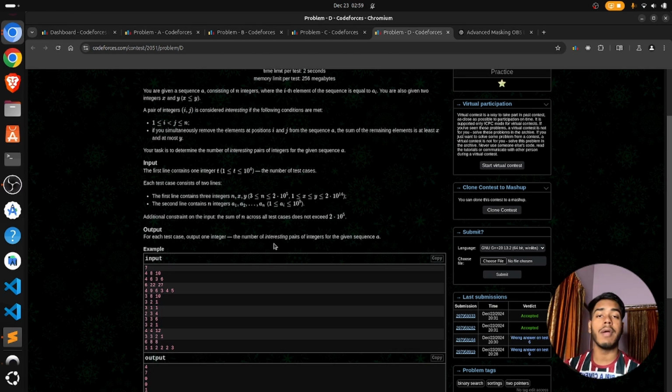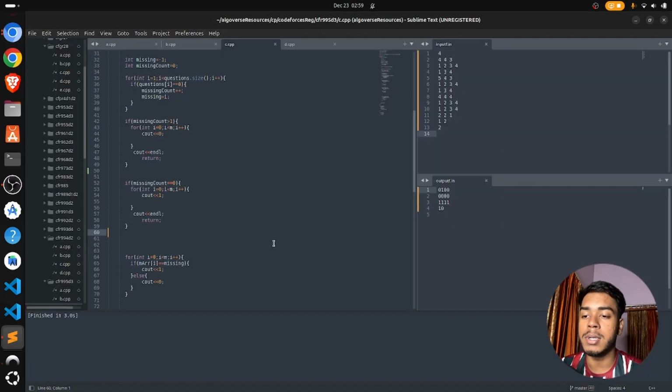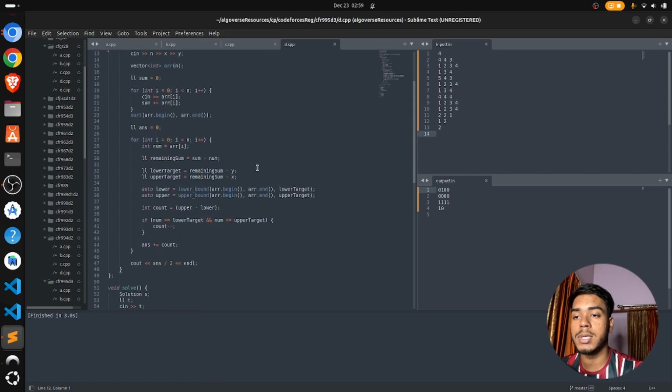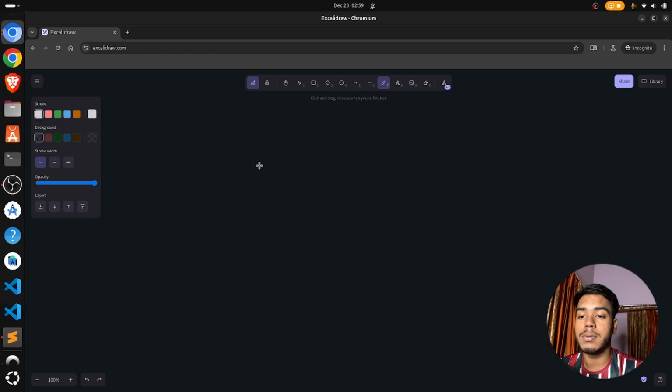You have to choose the pair, and a pair can be chosen between any two numbers, and that's why you can sort the array, and you can reduce your searching for each element, like the valid range of each element, by binary searching. Okay, I will show you the code later. The code is here, but I will give you the explanation here.